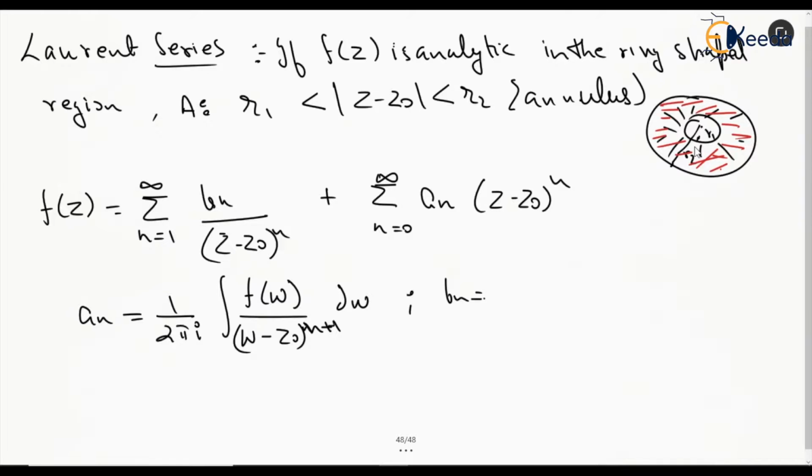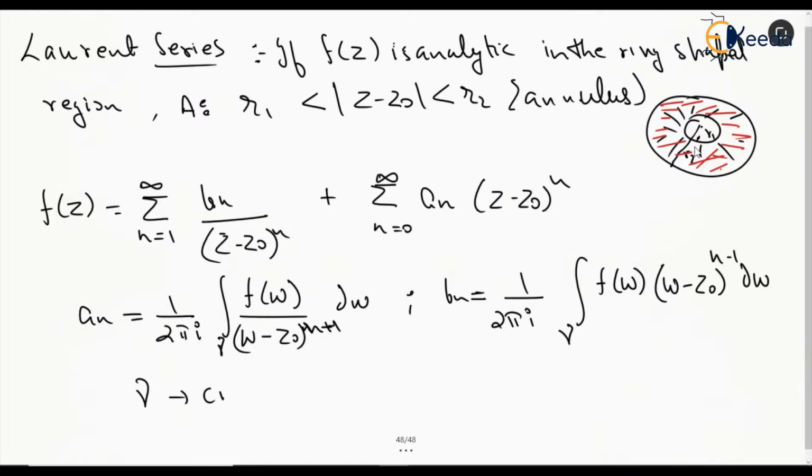b n is also given as 1 by 2 pi i integration of f of w into (w minus z naught) to the power of n minus 1 dw, where a certain region will be given as, let's say, gamma, and this gamma is any circle mod of (w minus z naught) equal to r, and this r lies between R1 and R2.